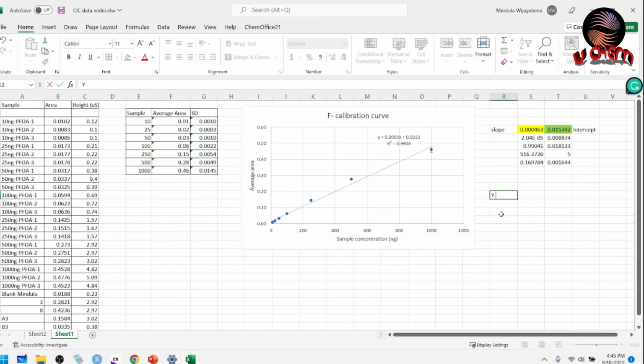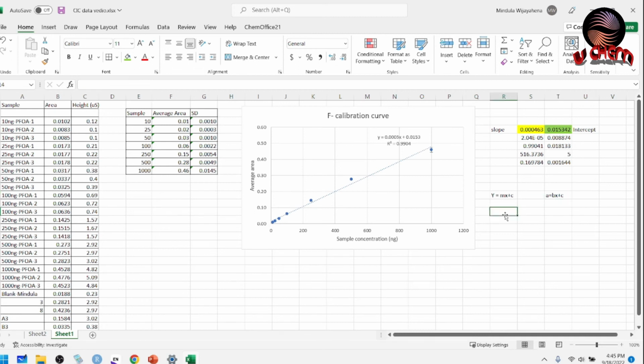Okay, so now you have the slope and intercept, and that means you know y equals mx plus c. Some can write the same equation as a equals bx plus c. Some may use the equation format as y equals mx plus c, and some may use a equals bx plus c.